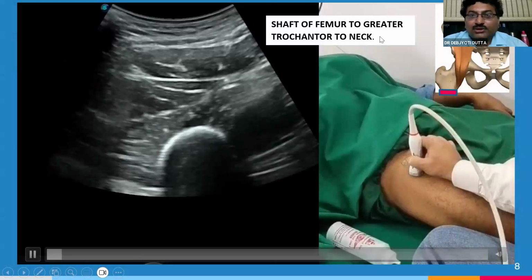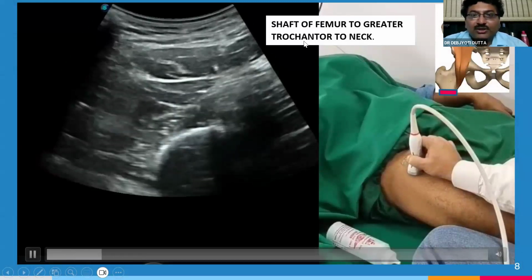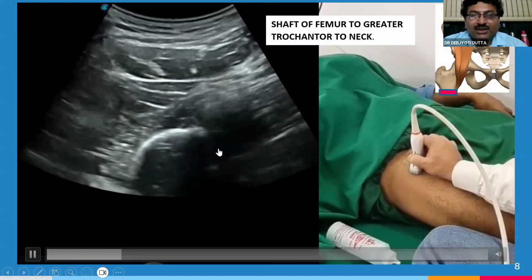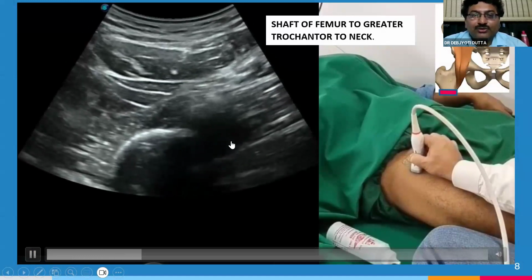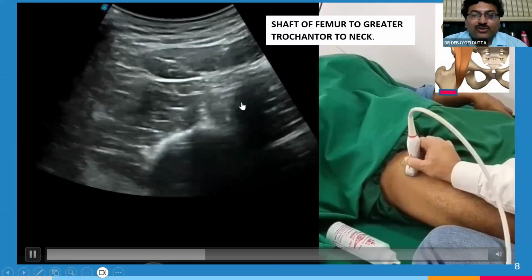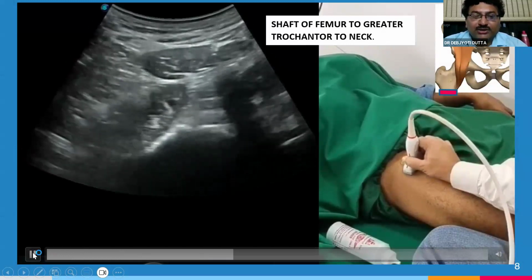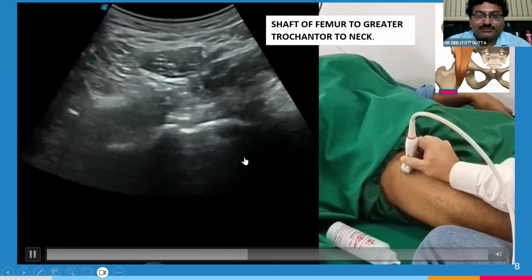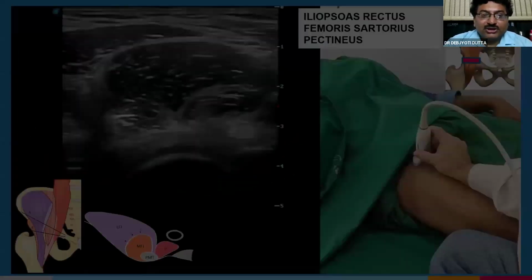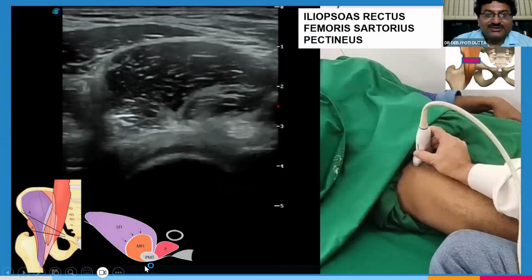Now, the movement to the greater trochanter neck from below. Here you can see the femur, and if we move up, then we'll be going up to the greater trochanter like this. Next is the iliopsoas.